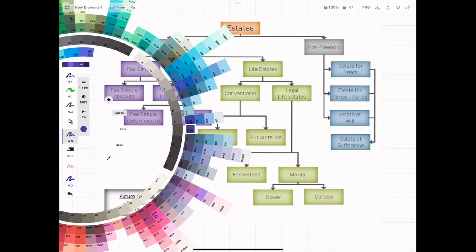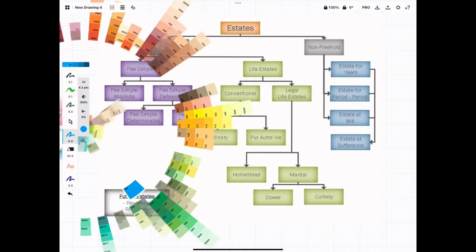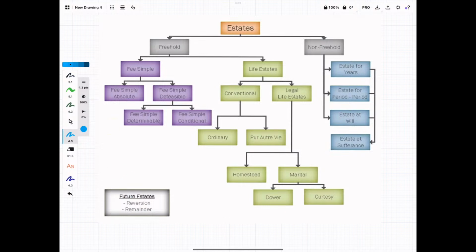Let's use this blue. Does everybody understand, estate means live there? Freehold means ownership. Non-freehold means renting.